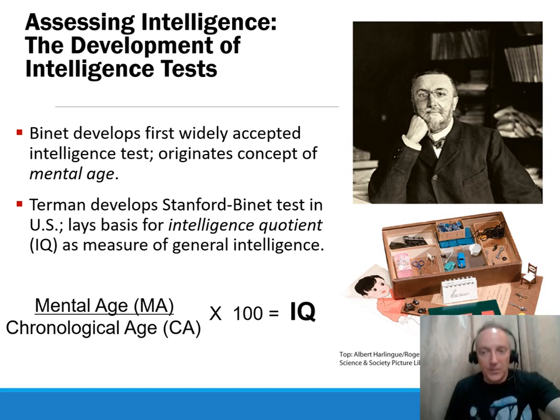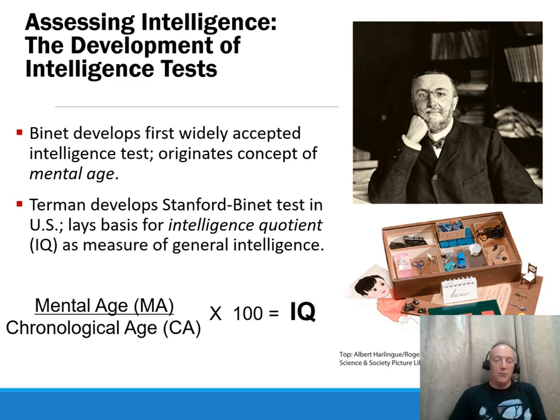It's one of the main reasons, even modern day, why a kid would get an intelligence test. So he gave these tasks to kids of all different ages, and he kept careful notes about what kids of different ages typically could do. And he originated the concept of what we call mental age.